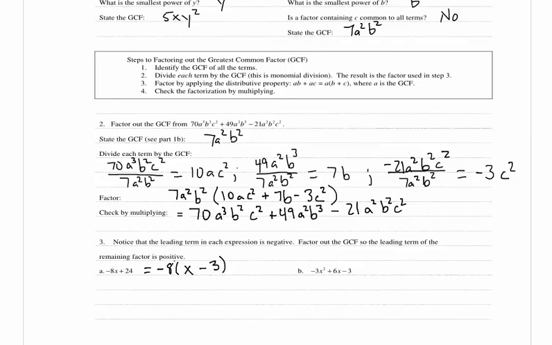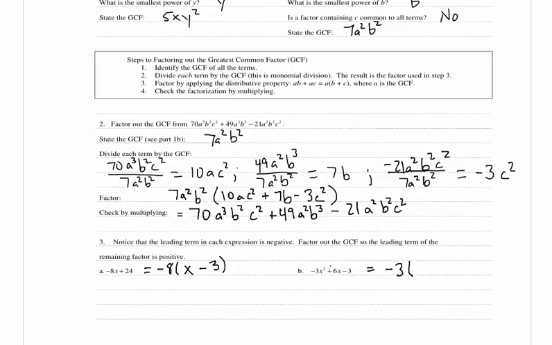And if we multiplied this back out, we would have negative 8 times x gives us negative 8x, and negative 8 times negative 3 gives us positive 24. In B, we have negative 3 x squared plus 6x minus 3. And if we want our leading term to be positive, we're going to factor out a negative 3.